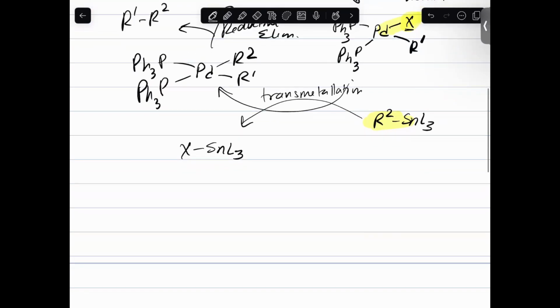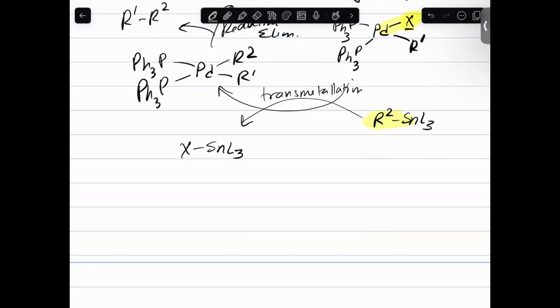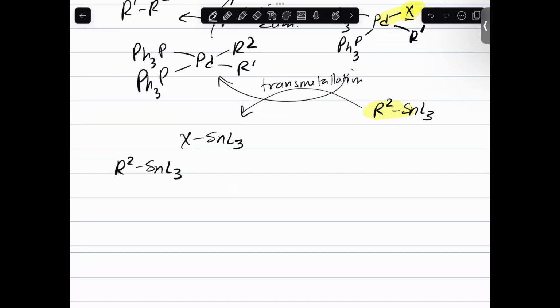And so before I go into another example, let me talk about this tin reagent. Typically, the L groups, i.e. the ligands on the tin, are methyl or butyl, i.e. alkyl groups.